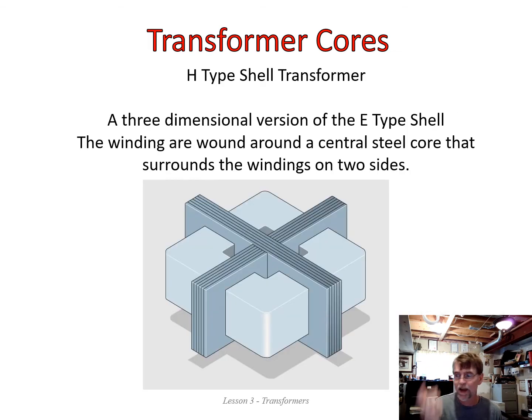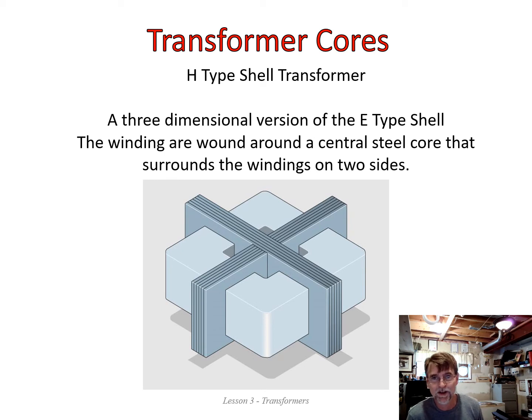So the H-type shell is the very same, except now it's a three-dimensional version. Okay, so instead of just having a pair of outer shells, we now have 4, because remember we tend to draw everything on a piece of paper and we think about it and we learn about it and understand it two-dimensionally, but let's not lose sight of the fact that the cloud, which is the magnetic field, those lines of flux, they are spread out three-dimensionally.